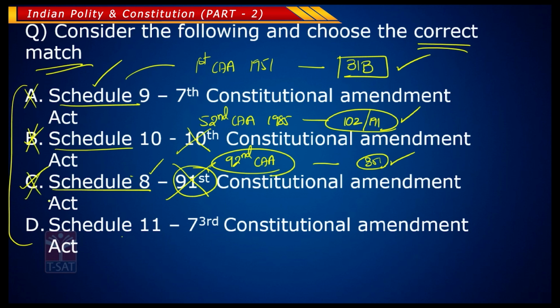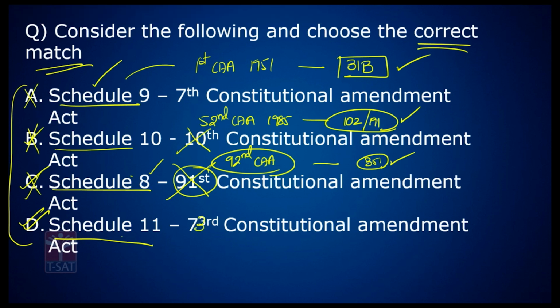And the last option we are left with is Schedule 11. Schedule 11 is actually the 73rd Constitutional Amendment Act, this is correct, and this is linked to Article 243G. And you have the 12th Schedule.